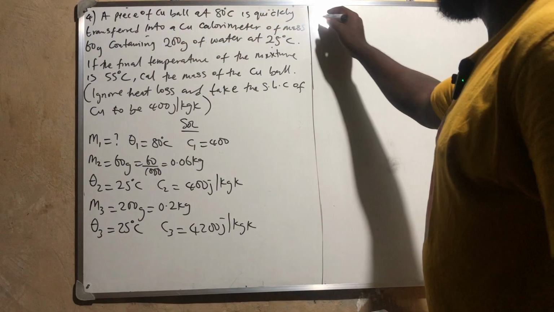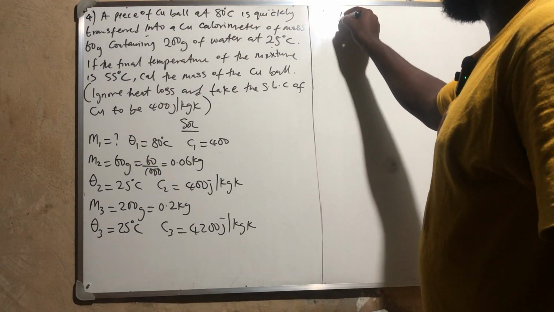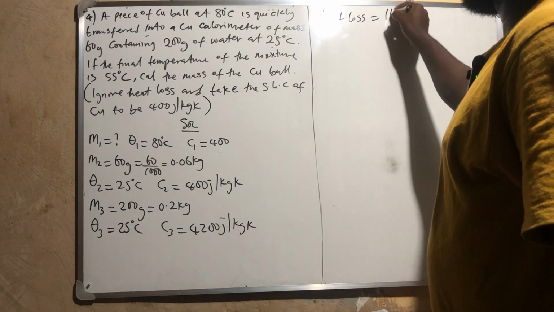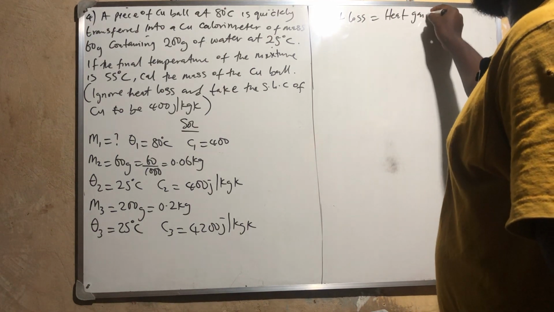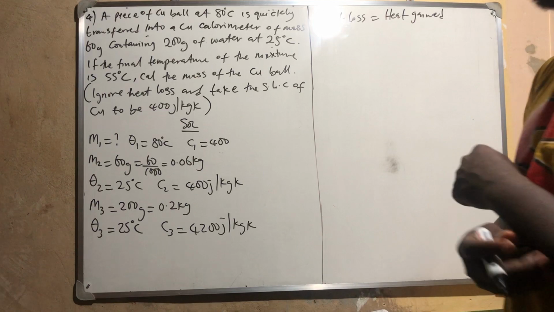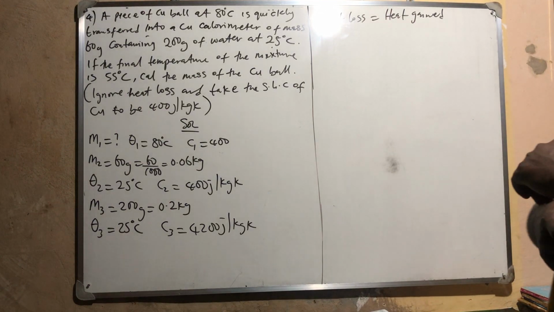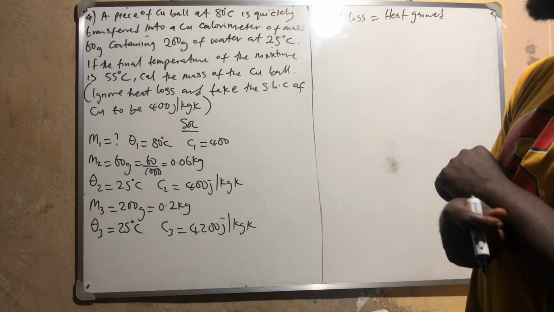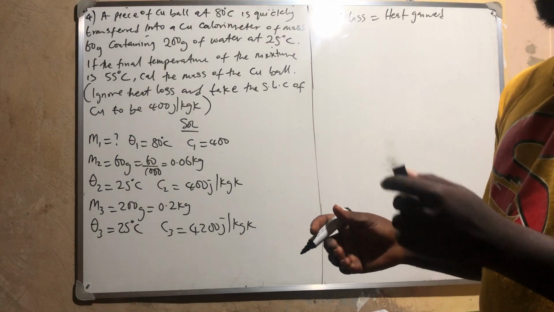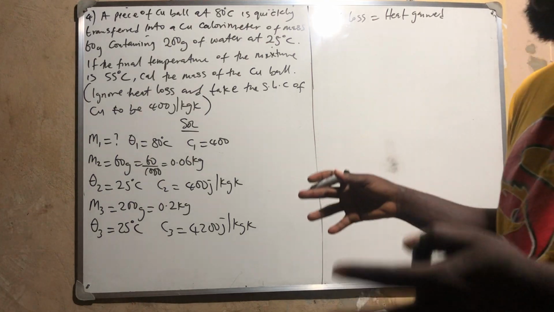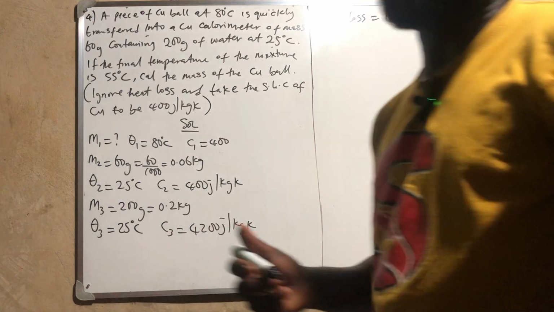You should know that heat lost is equal to heat gained. If you look at this, the only thing that lost heat was the copper, because the copper was heated. That is why it was quickly put inside that water.